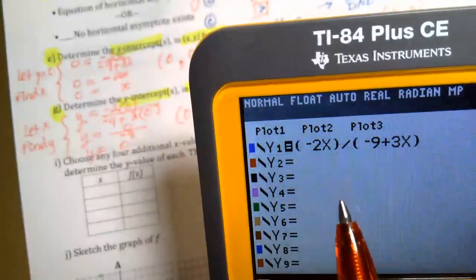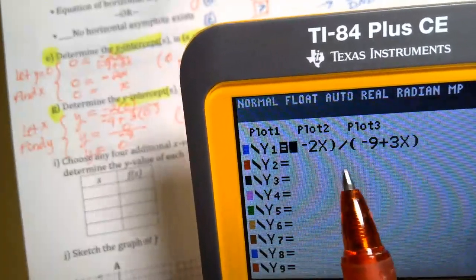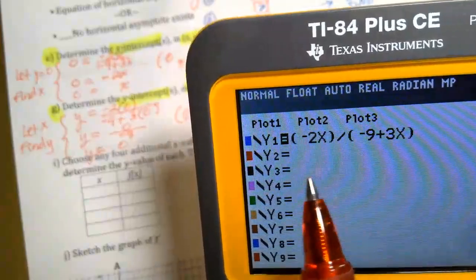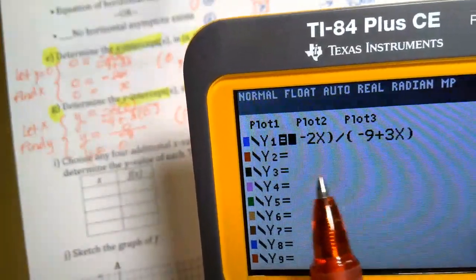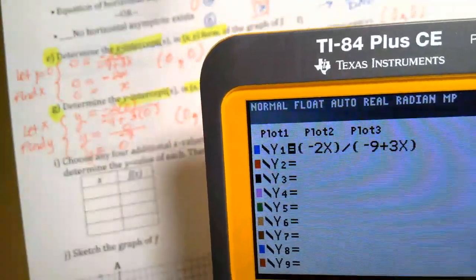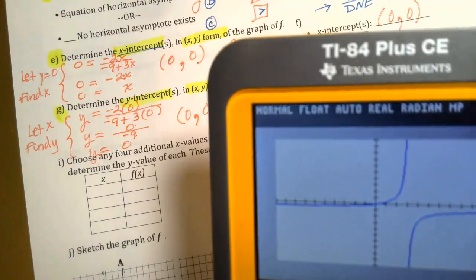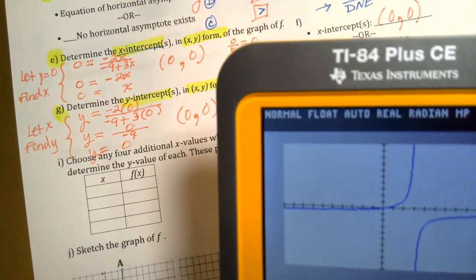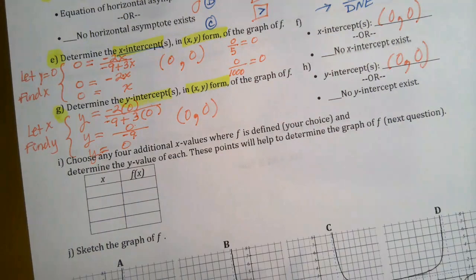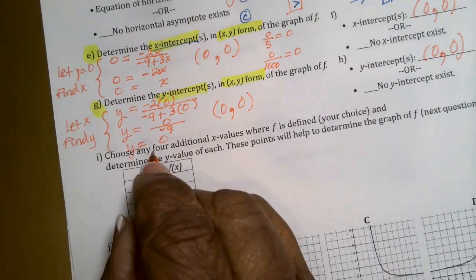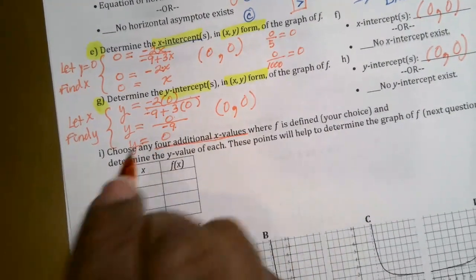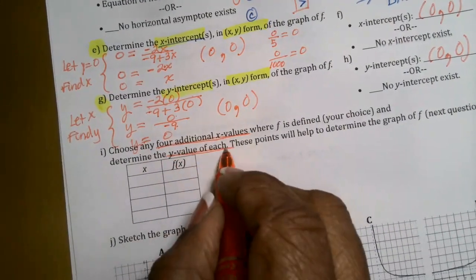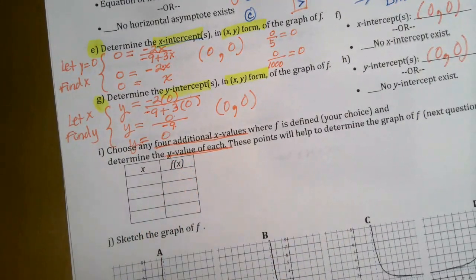That way you're not just dividing the numerator by negative 9 and then adding on 3x. So we want to make sure we have correct data entry. We can get a preview of the graph, but what we're interested in now is a table of solutions, because part I is asking for additional x values and their corresponding y values. So we want some ordered pairs.